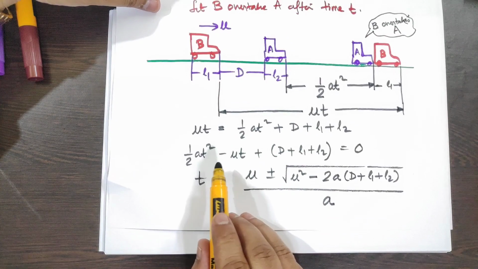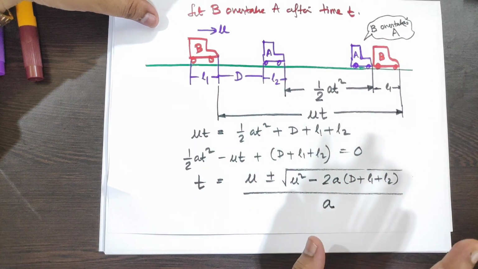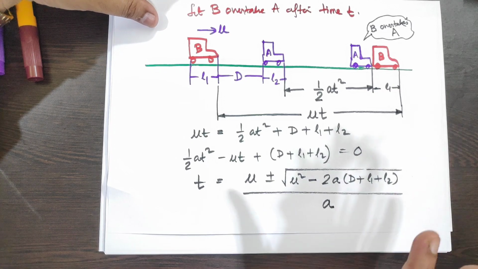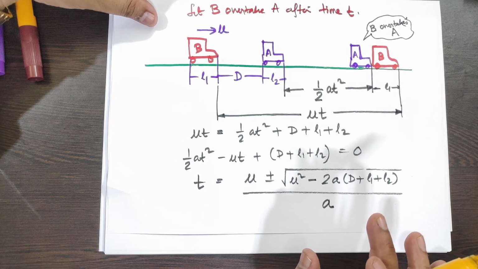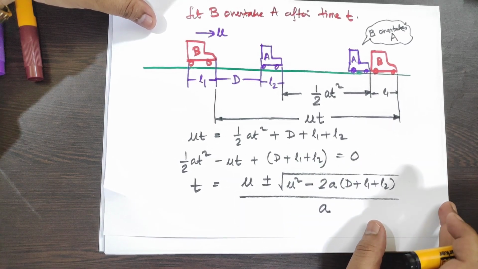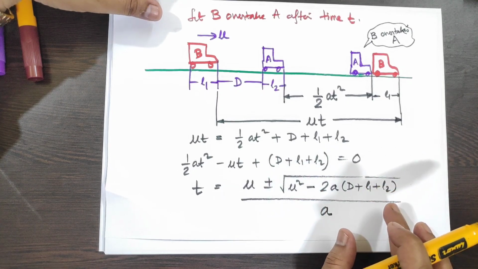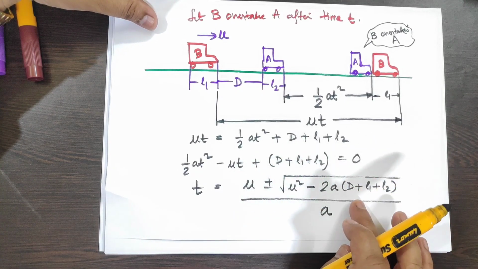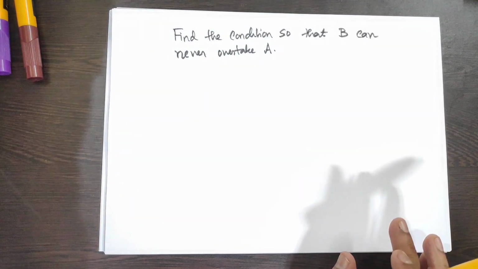That means after solving for t, you will get an impossible or imaginary value. So this quantity is known as the discriminant. So discriminant should be less than 0.